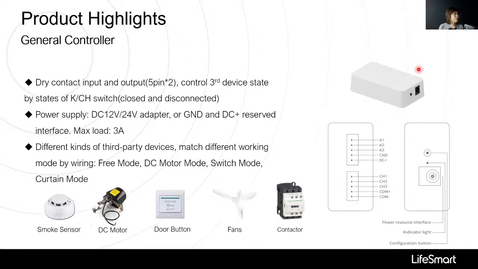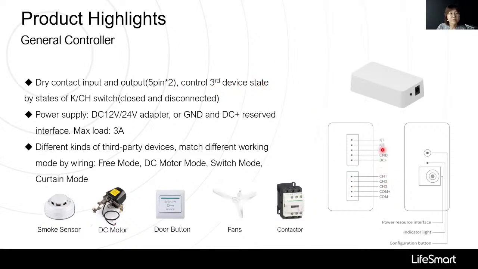Then I will introduce the general controller. Actually, the general controller is a project product, and it supports dry contact input and output, like K1, K2, K3, and CH1, CH2, CH3.